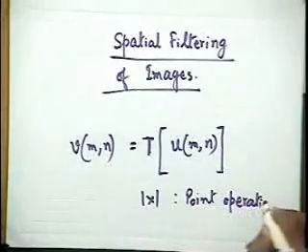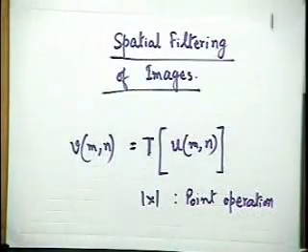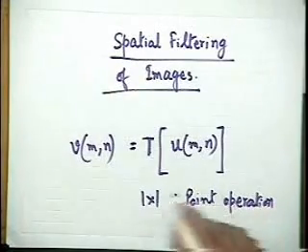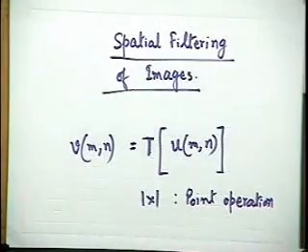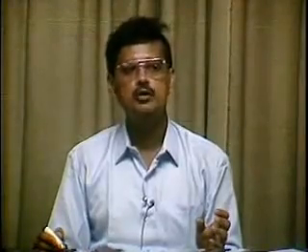Now, instead of defining a point operation, we are going to increase the neighborhood space of this function T slightly. Let us say that instead of a 1 by 1 operation, we take a 2 by 2 operation or a 3 by 3 operation.